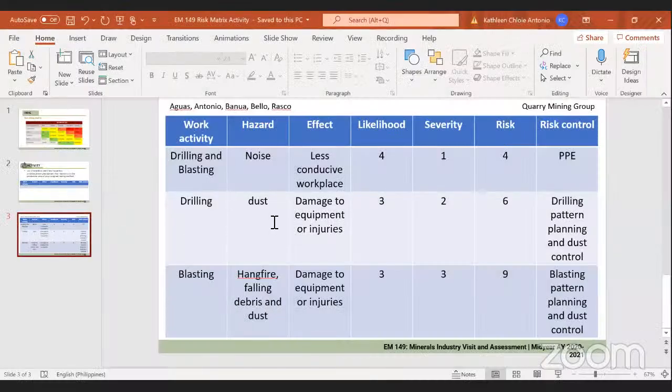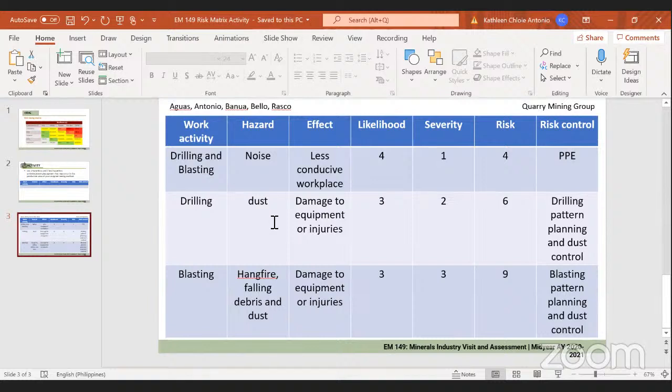So, yung sa group po namin, yung for the less hazardous one, we chose the first one. So, yung work activity is nasa drilling and blasting, and yung hazard niya is noise. Yung effect po ng noise is parang magiging less conducive yung workplace, as well as irritation na rin sa part ng mga workers.